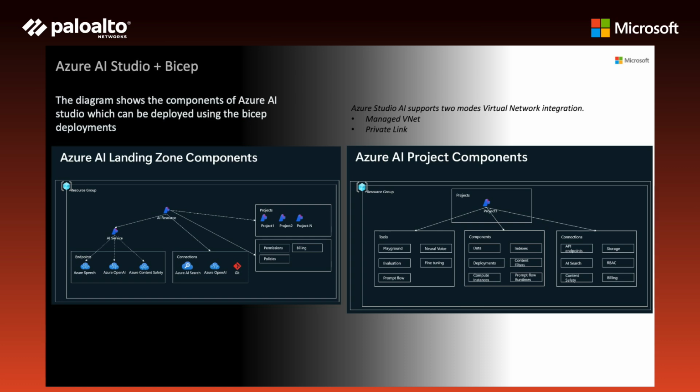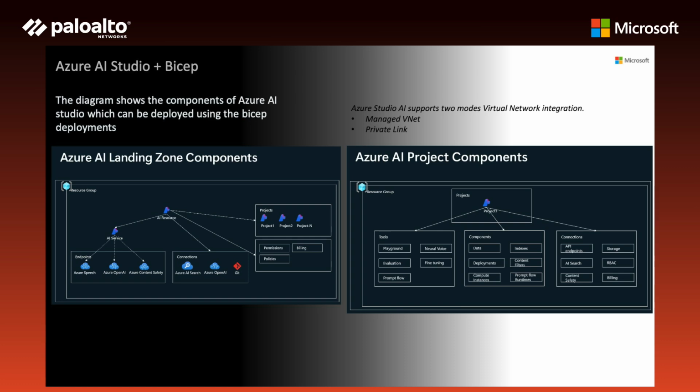The AI resource is going to talk to AI services, which is Azure Speech or other cognitive services, Azure OpenAI, and content safety as well, and also makes a connection with Azure AI Search. Also, you can connect with your GitHub repository as well, integrating the code base.